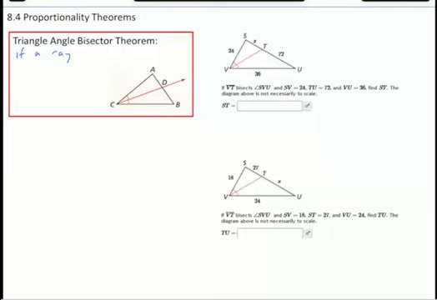If you have a triangle and a ray bisects one angle, then that ray is also going to divide that opposite side into two segments whose lengths are proportional to the lengths of the other two sides of the triangle.